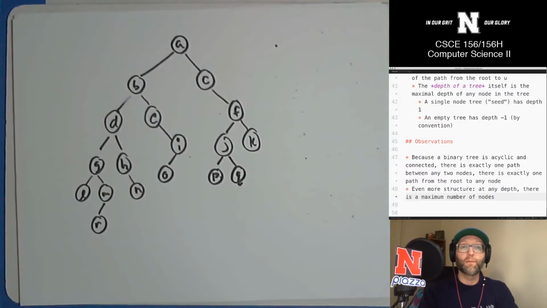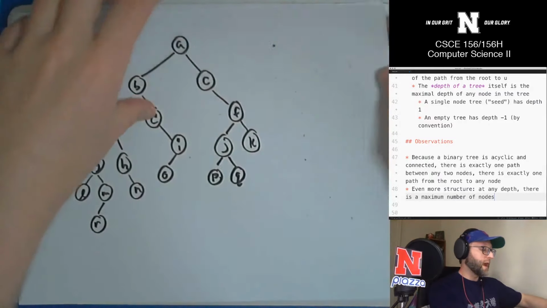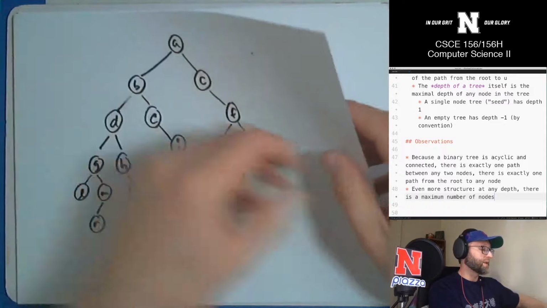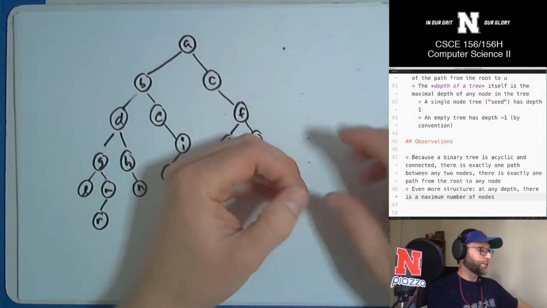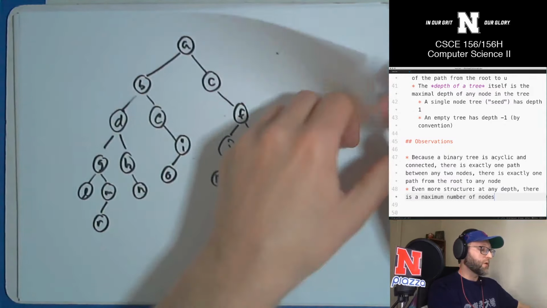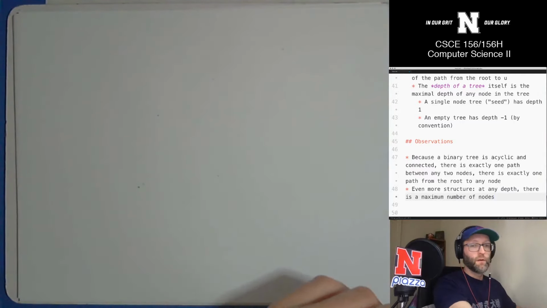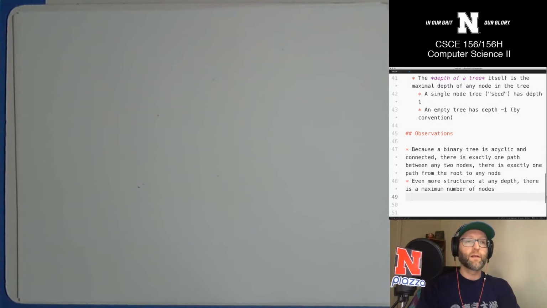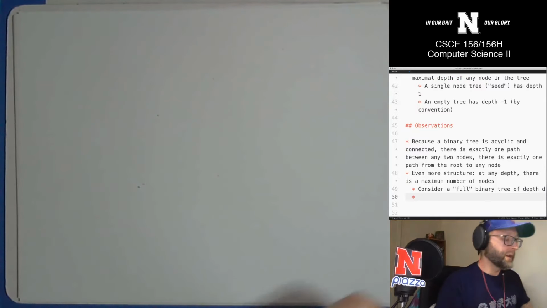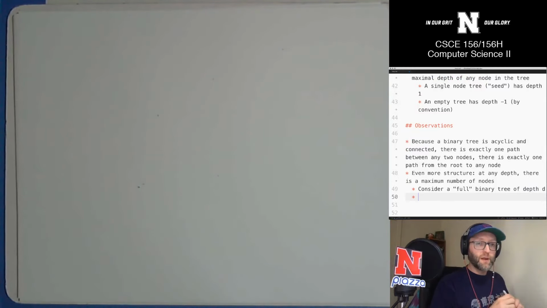At any depth. Okay? What I want to do now is save this because I want to reuse it. But what I want to look at is what's called a full binary tree. So to see this, consider a full binary tree of depth D. What I mean by full is that every node is present, every child is present except at the last level.